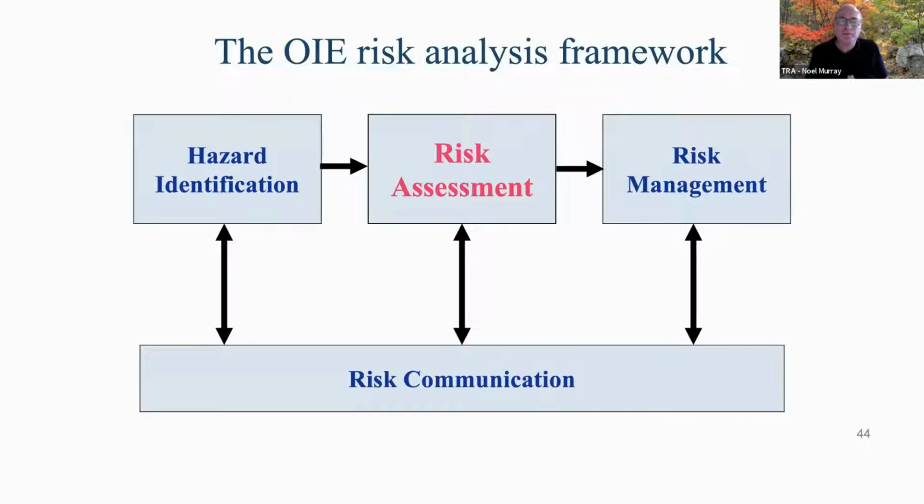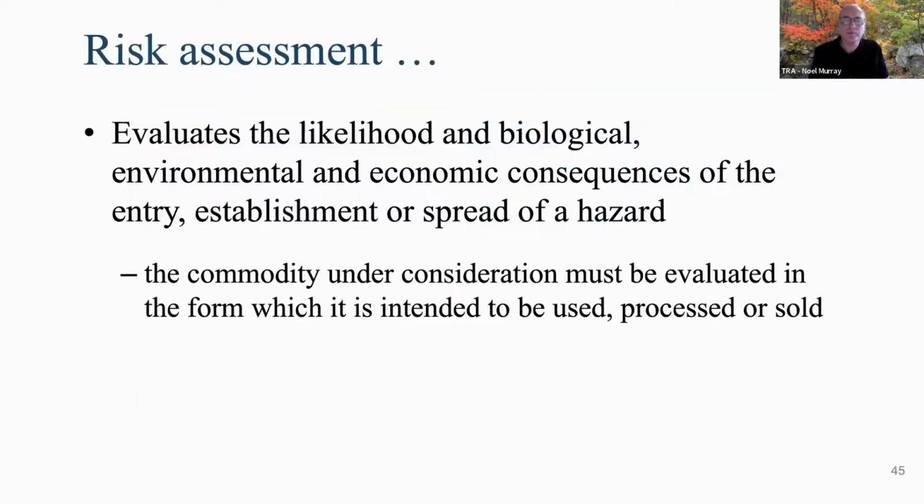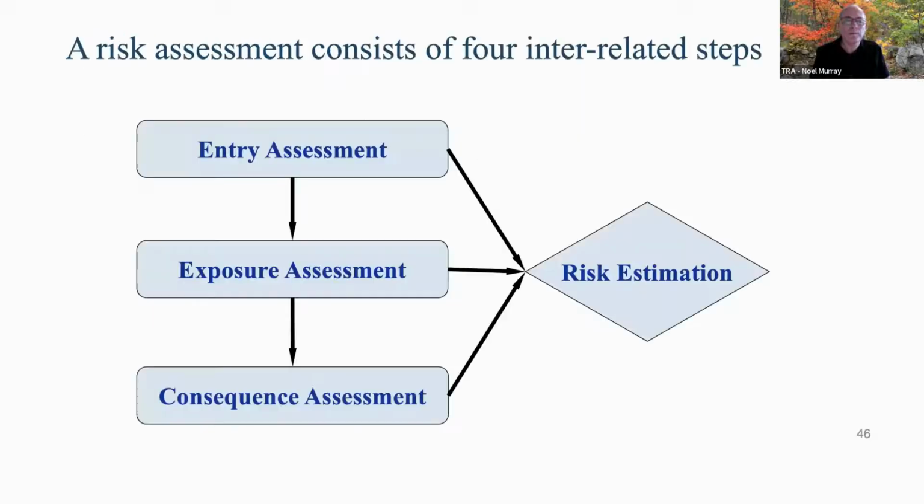Okay, so let's turn our attention now to the next step in the framework, and that's looking at risk assessment. This is where we evaluate the likelihood and biological, environmental, or economic consequences associated with the entry, establishment, or spread of the hazard. So the commodity under consideration, it's important that we evaluate that in the form which it's intended to be used, processed, or sold.